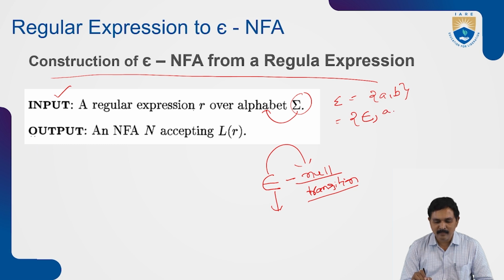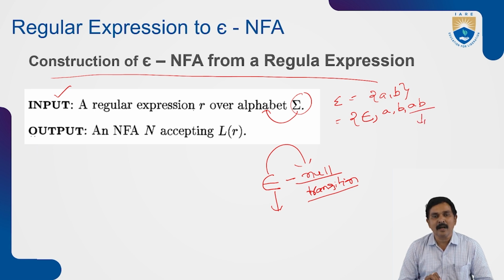Or single symbols: using a, you move from Q0 to Q1. Another symbol is b, where the transition label is b when moving from Q0 to Q1. Suppose I take the combination AB, which is a concatenation operation.